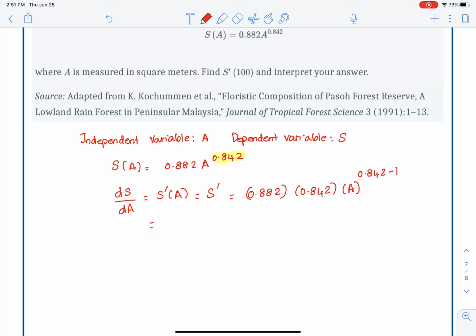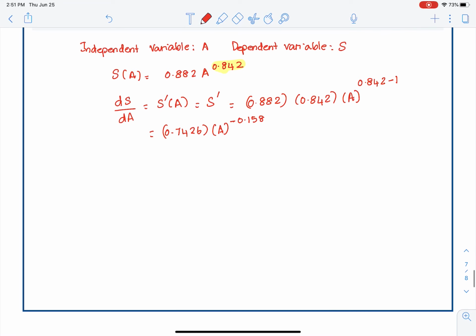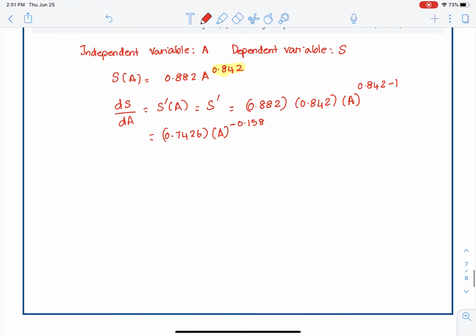So we have 0.882 times 0.842, which is 0.7426, times A raised 0.842 minus 1, which is negative 0.158. So S prime of A is that answer.